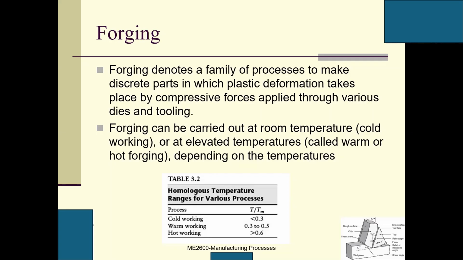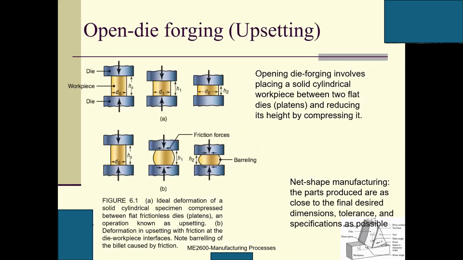Okay, great. This is for forging. And then here is the open die forging. Why is it called open die forging? I have die 1, die 2. Why is it called open? Because the workpiece is not restrained.